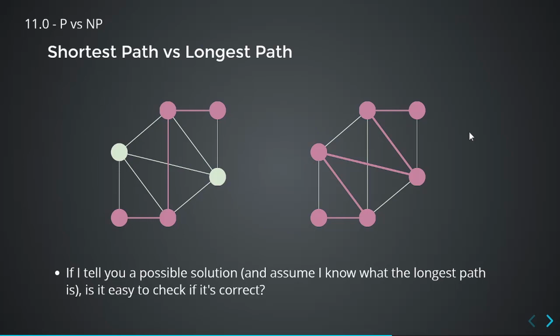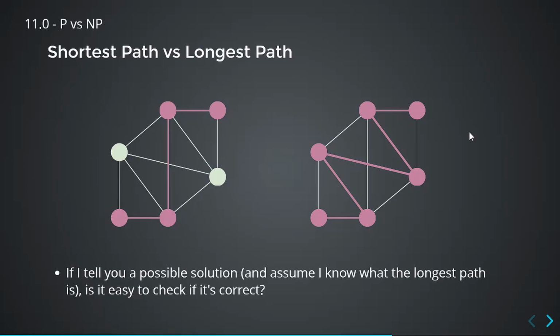But if I tell you that I know the longest path is of length 5, and I give you a solution, here's a bunch of edges, can you just check if this is a correct solution? Well, that would be trivial, right? Just make sure that you have a path from the source and it actually goes to the destination.